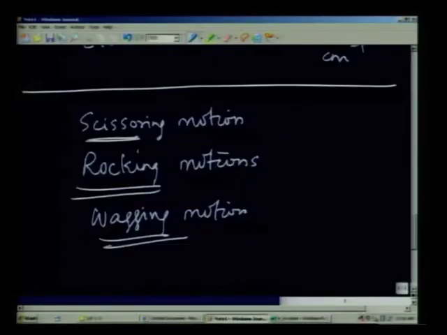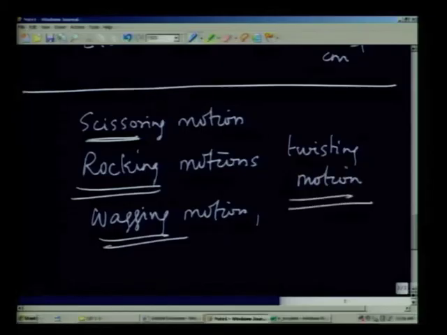Then there is also twisting motion. These are all various types of molecular motions. Okay. The twisting motion, you remember what you do for a twist. Most of you who wash clothes will have to twist them sometimes in the absence of a dryer and modern day gadgets. Many of us have twisted clothes to take the water out, so basically twisting like this.